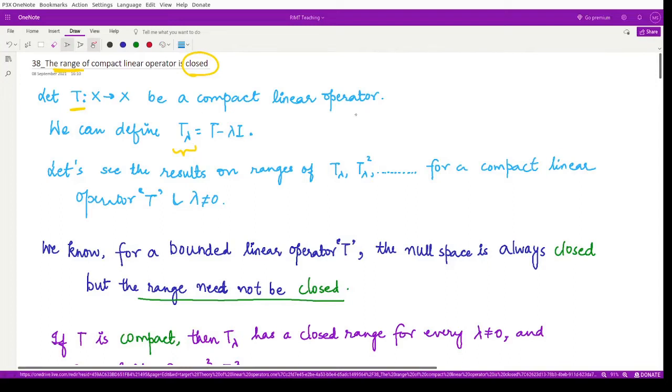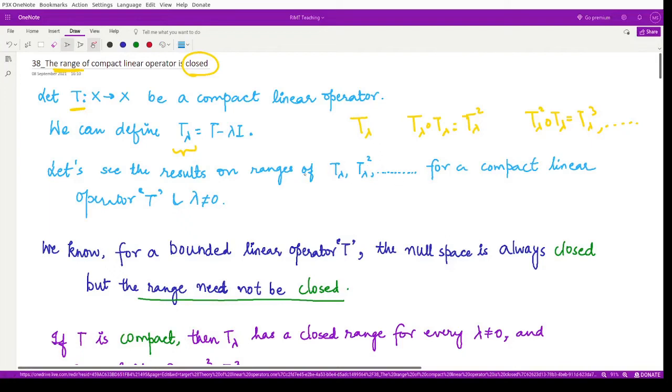Once we have T lambda, when we compose T lambda onto T lambda, we have T lambda square, right? This is another operator, and similarly when we compose T lambda square onto T lambda, we would have T lambda cube, and if we keep on doing this, we have a sequence of operators: T lambda square, T lambda cube, and so on.